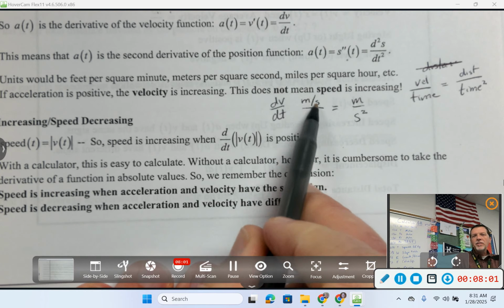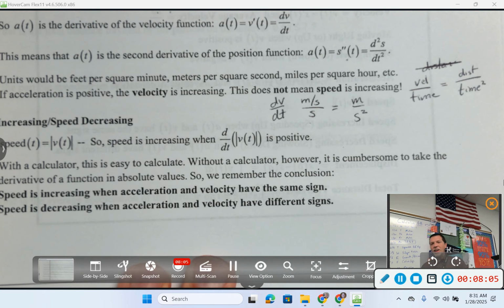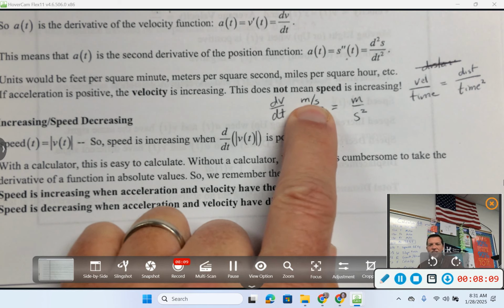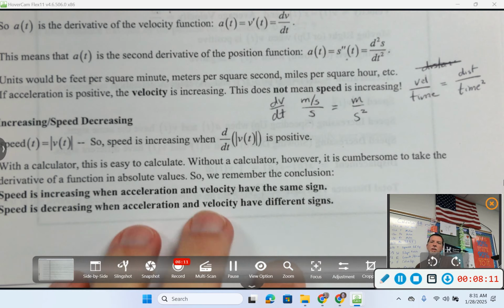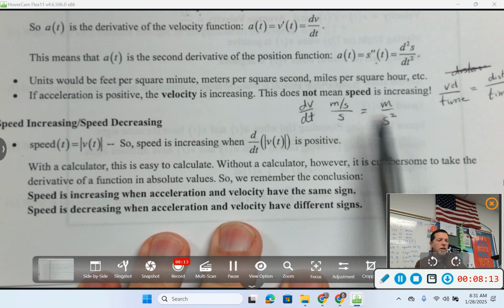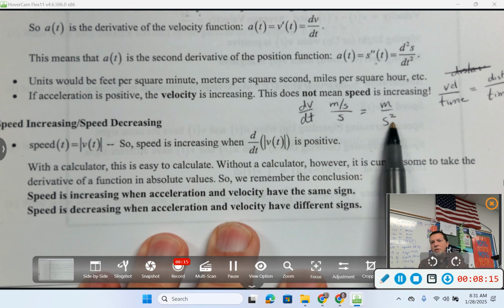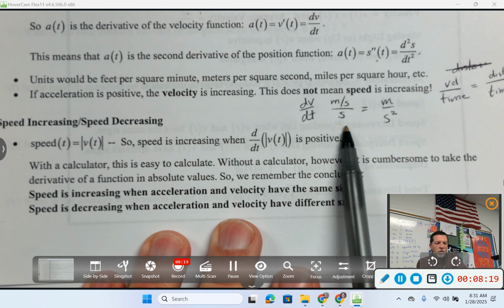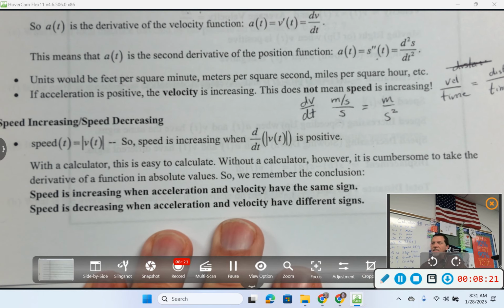So it may seem weird to say it that way, but when we say meters per second, it's helping to emphasize that that's the change in velocity over a change in time. So either one of these is acceptable. Obviously, meters per second squared is easier, but meters per second kind of preserves the concept of what's going on.